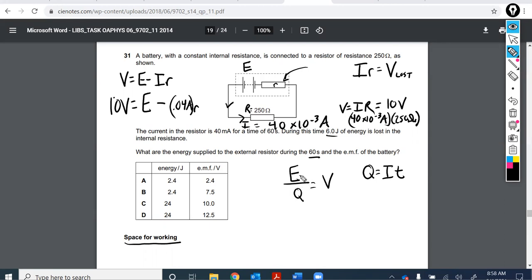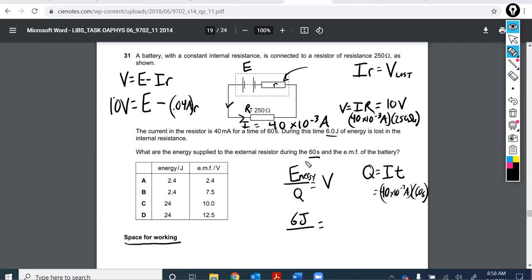So if we know that there are 6 joules of energy that are lost in the internal resistance, divided by how much charge? Okay, well, the charge is going to be the 40 milliamps times 60 seconds, right?